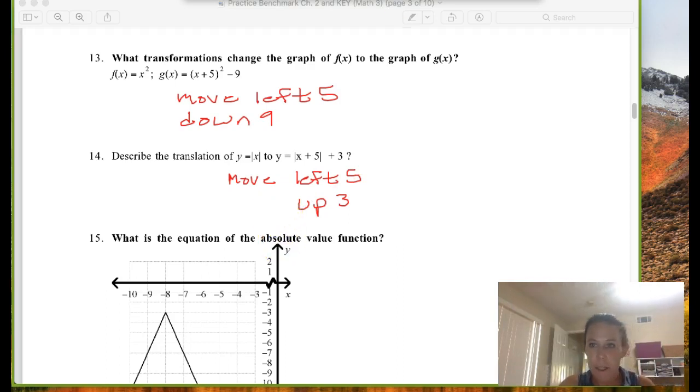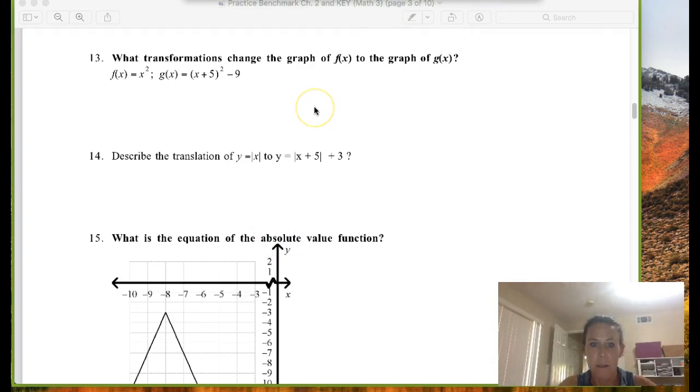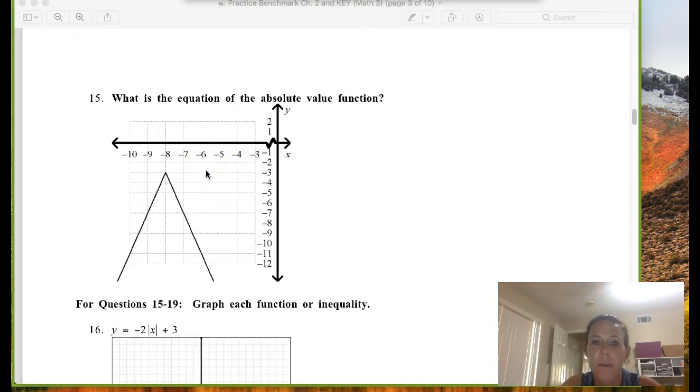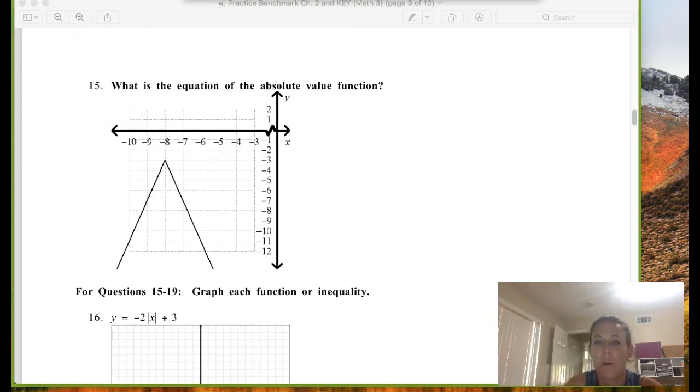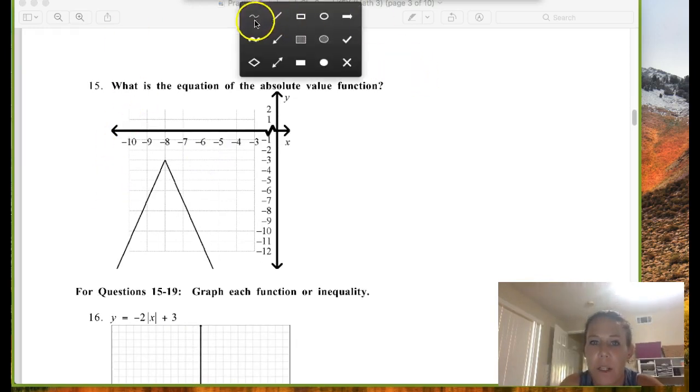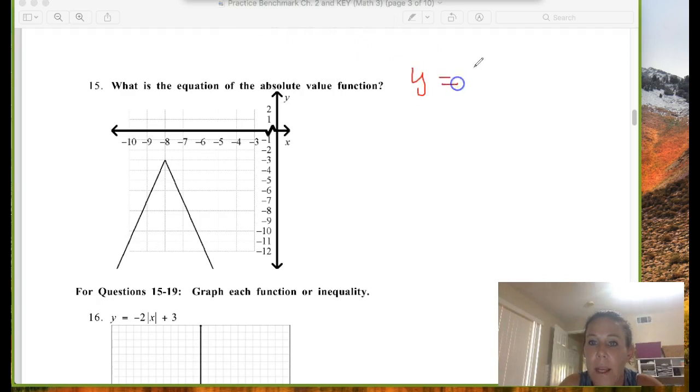Let's look at 15. What is the equation of the absolute value function? Remember, your basic absolute value function is y equals absolute value of x. If I were to plug in values, I like to put my 0 here.